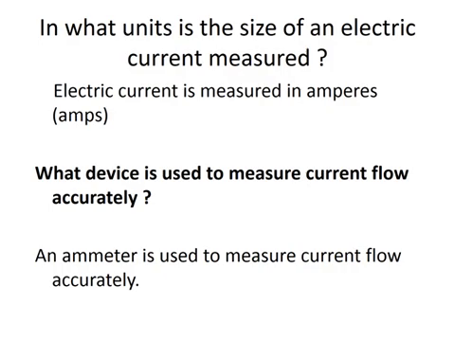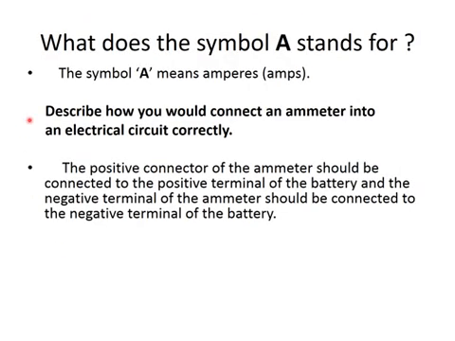The next question is, what does the symbol A stand for? The answer is, the symbol capital A means amperes, or simply we can write amps. So this capital A is basically representing the unit of measuring electricity, that is ampere.